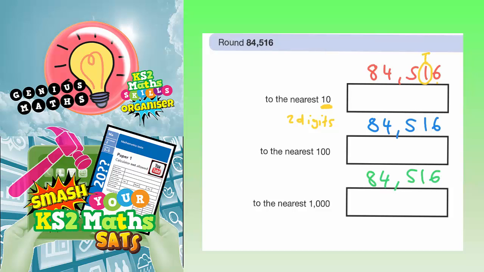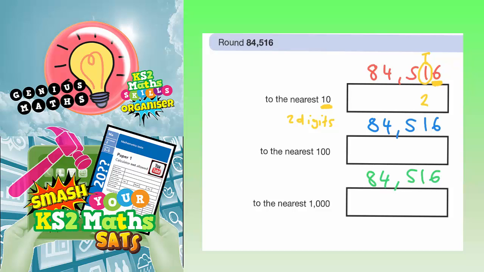So what we're going to do then is decide, does that 1 stay as a 1, or does it round up to a 2? And we always use the next digit, which is the 6, which I'm currently underlining, to decide. So because this 6 is higher than 5, it rounds up. So that 6 makes the 1 round up to a 2.